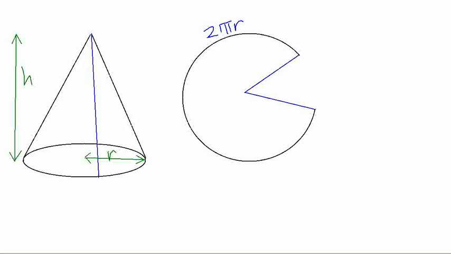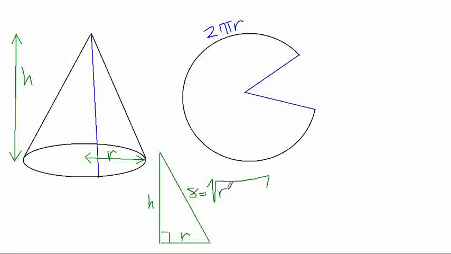Can you see that in the original cone I could make a triangle with a line segment from the vertex to the center of the base, a right triangle that has a height of h, the long leg length of h, the short leg length of r, and the hypotenuse is, let's call it S, where S, using the Pythagorean theorem, is equal to the square root of r squared plus h squared.